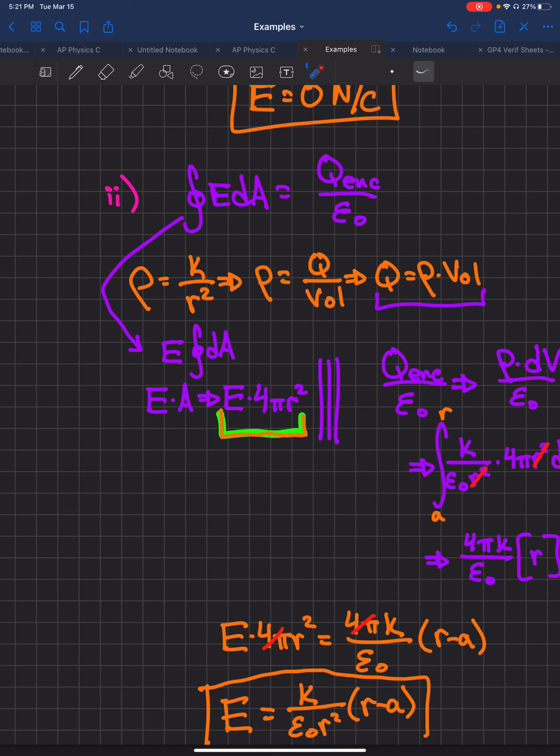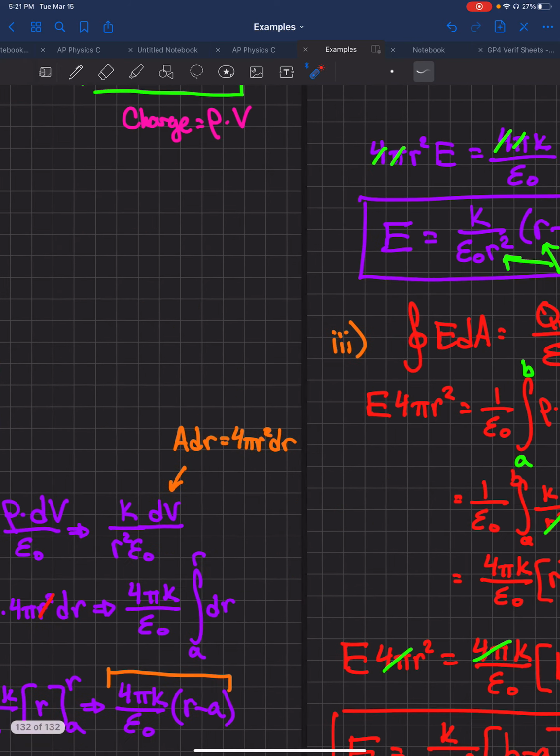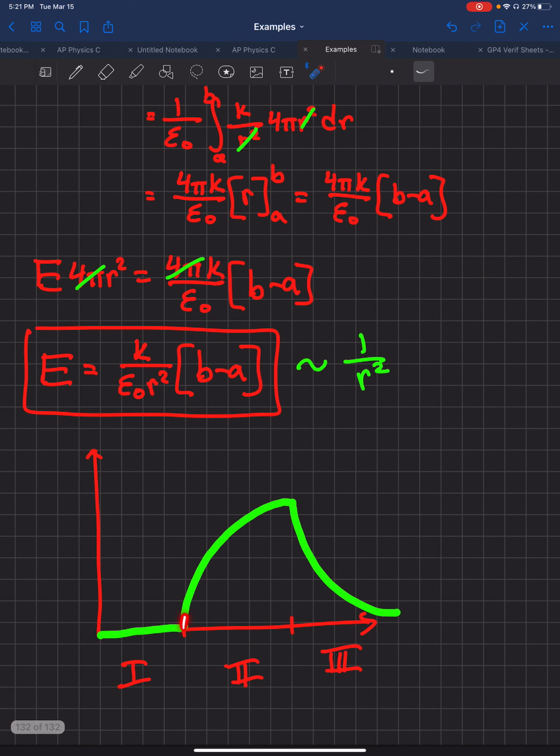You can clearly see that as you increase your R value, your electric field is changing. How does it change? Well, it's sort of like a slowly increasing parabola. But notice that it's starting to flatten out, which should make sense. It's reaching some maximum value once you reach B. Once you hit B, how does our electric field change? Look at your equation 3.